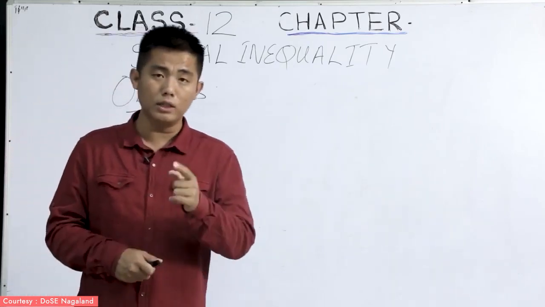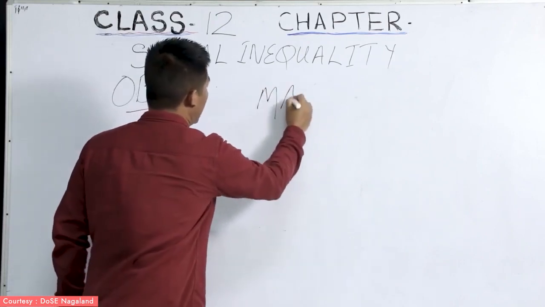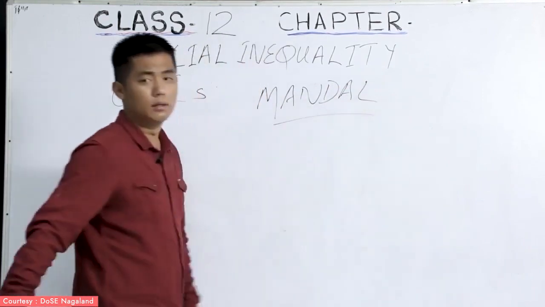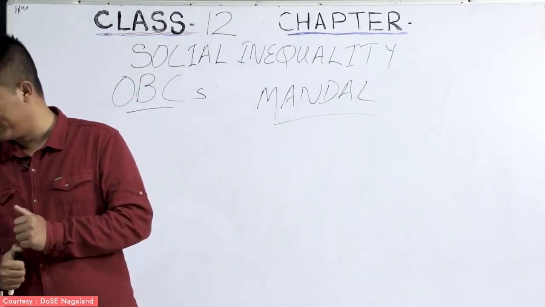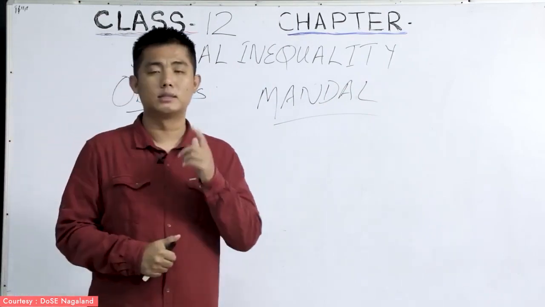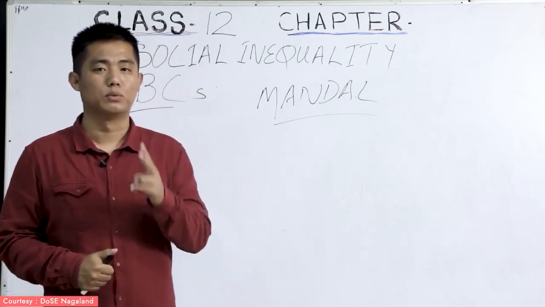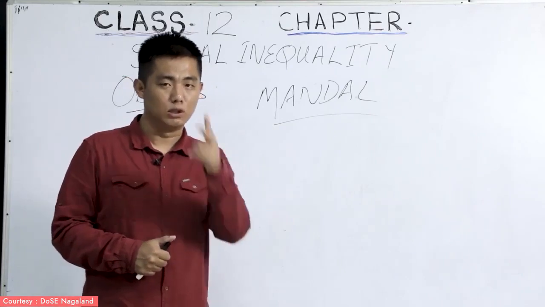Now, according to the Mandal Committee, M-A-N-D-A-L, Mandal Committee, they gave us a report where they divided the OBCs, other backward classes, into two groups.